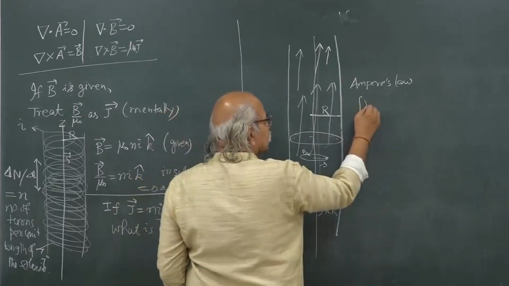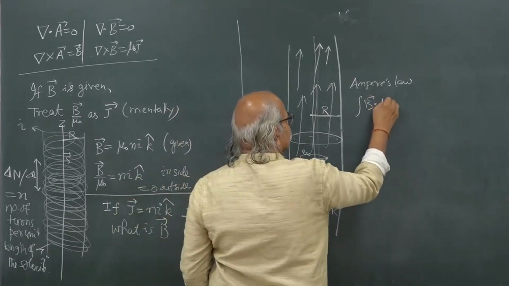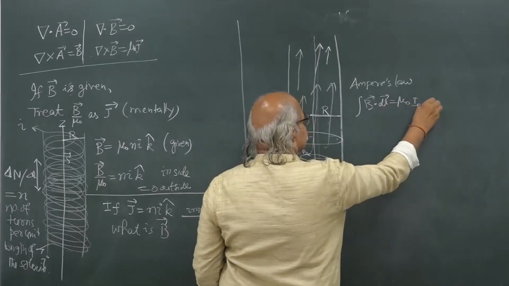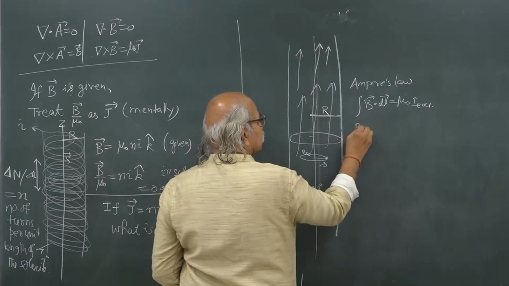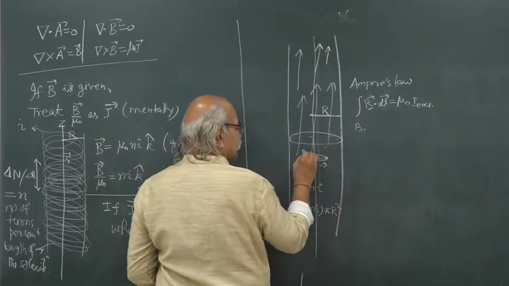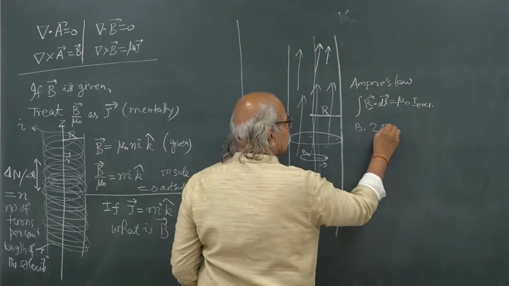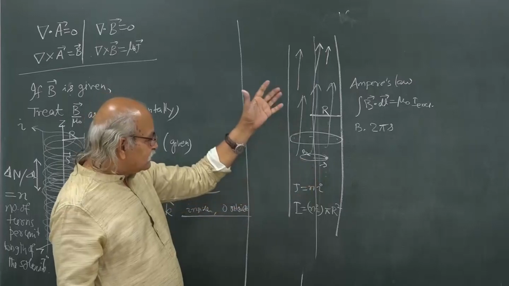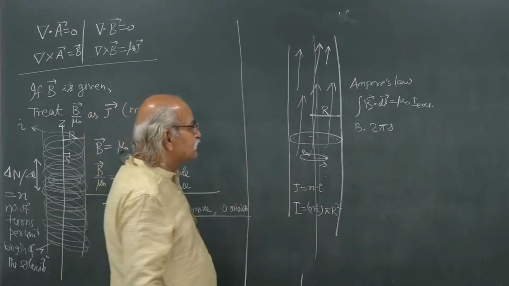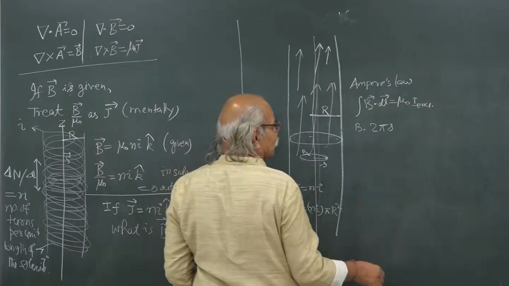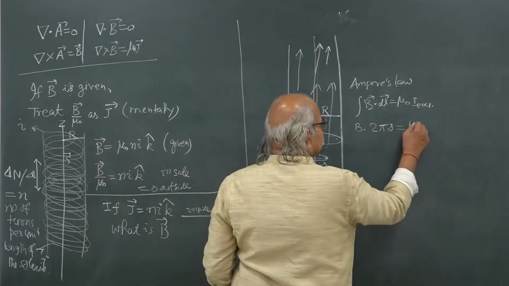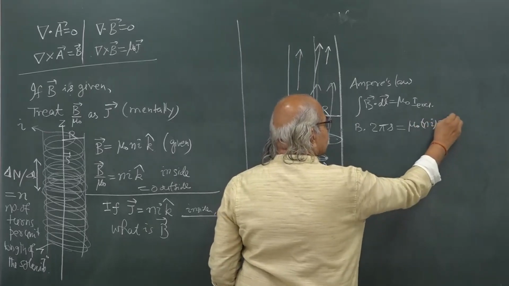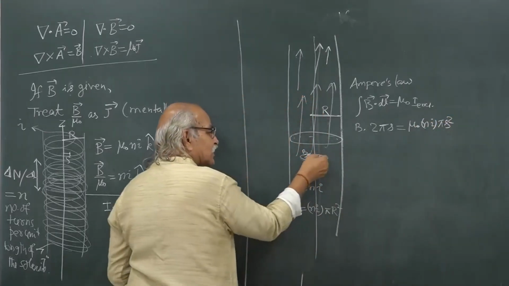This is B dot dl equal to mu naught I enclosed, and this will be B into the periphery 2 pi s. I am skipping all those arguments of symmetry, that this is in phi cap direction and not in s cap direction, not in k cap direction, etc. We have done it in this course itself. This side it will be mu naught Ni times pi s square.